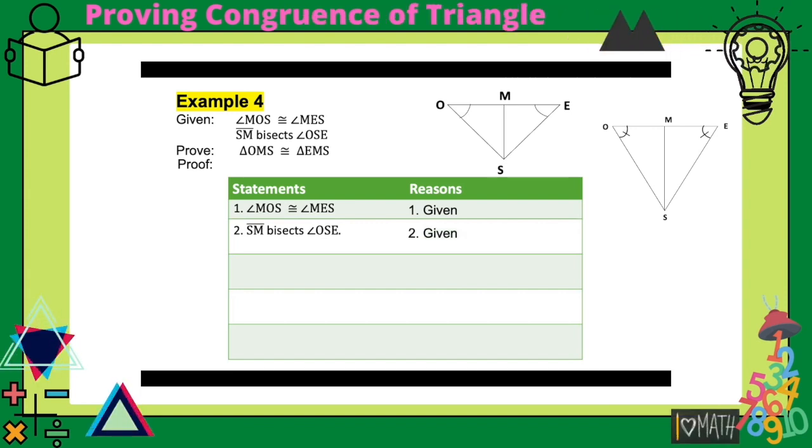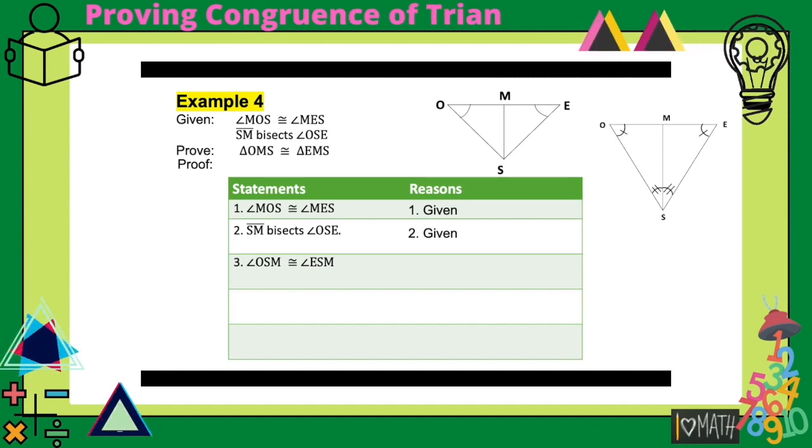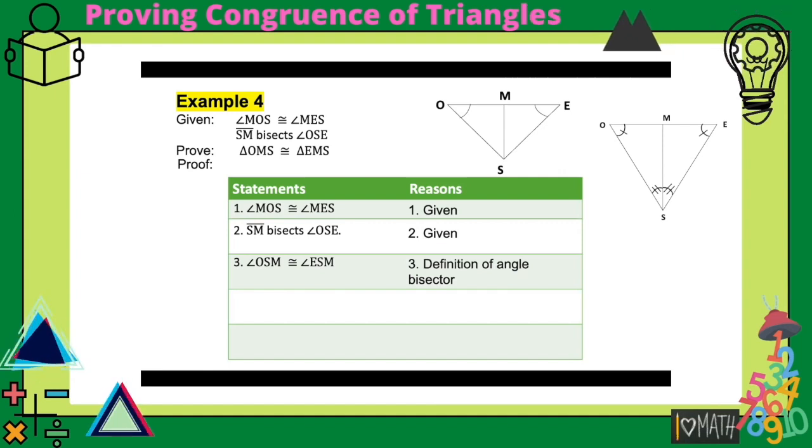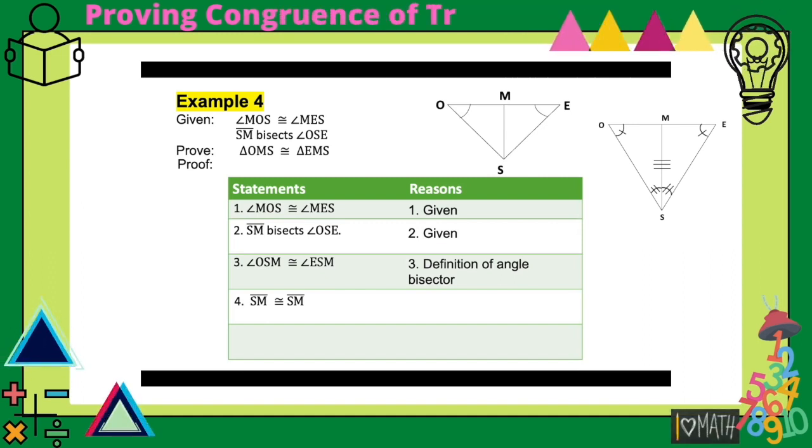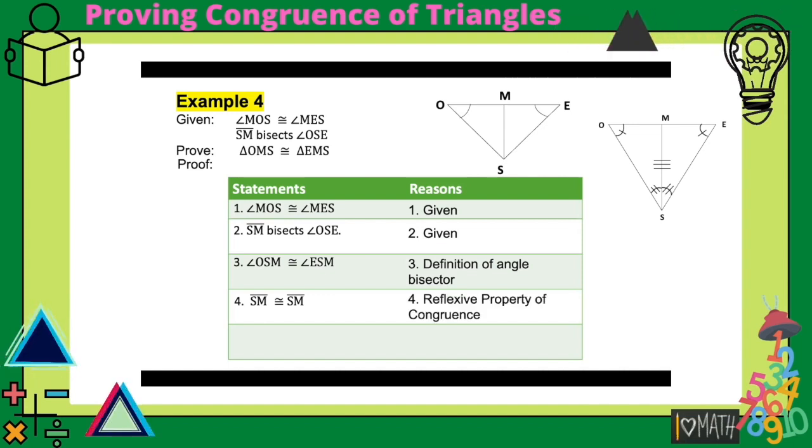Since segment SM bisects angle OSE, it divides the angle into two congruent angles. Statement 3, we have angle OSM is congruent to angle ESM. And the reason is definition of angle bisector. Next, statement 4, we have segment SM is congruent to segment SM. Reason, reflexive property of congruence.